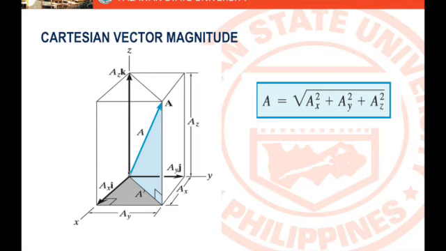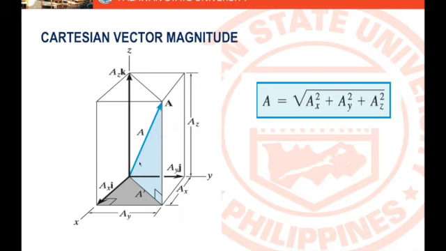Okay, so I think I already explained earlier about this, from the origin going Ax units, and then from there going Ay units, and from there going Az units, and then you have your 3-dimensional vector. So notice here how many triangles we generated.